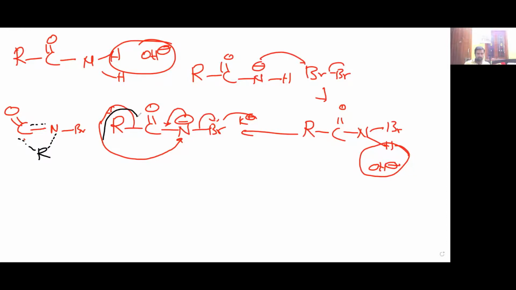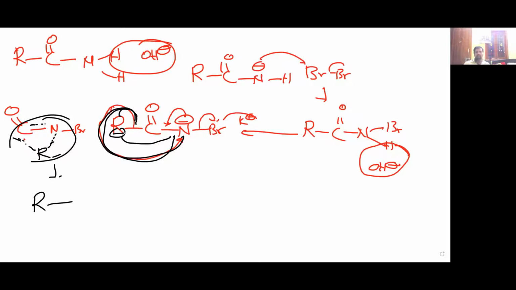That means the alkyl group is migrating. I represented it like this. This is the transition state, a 3-membered ring, unstable. So what is the reaction intermediate forming finally? R, the alkyl group is migrating. This is bond shifted like this. R minus attacks this negative. The double bond is forming.